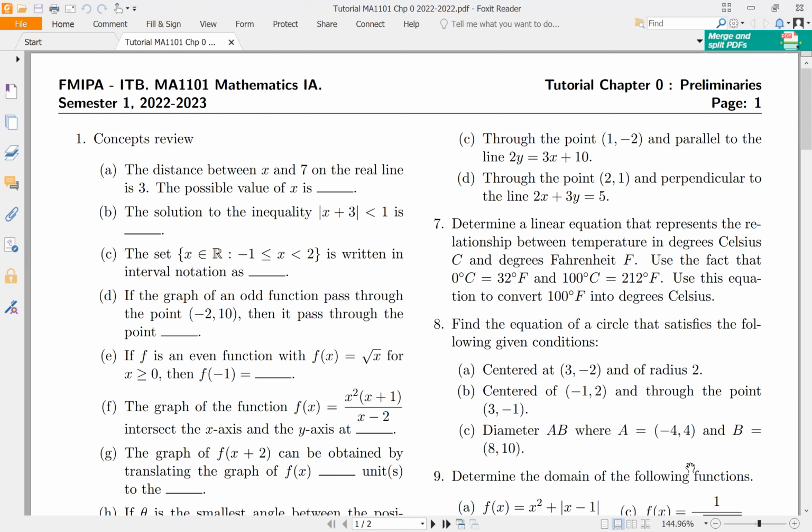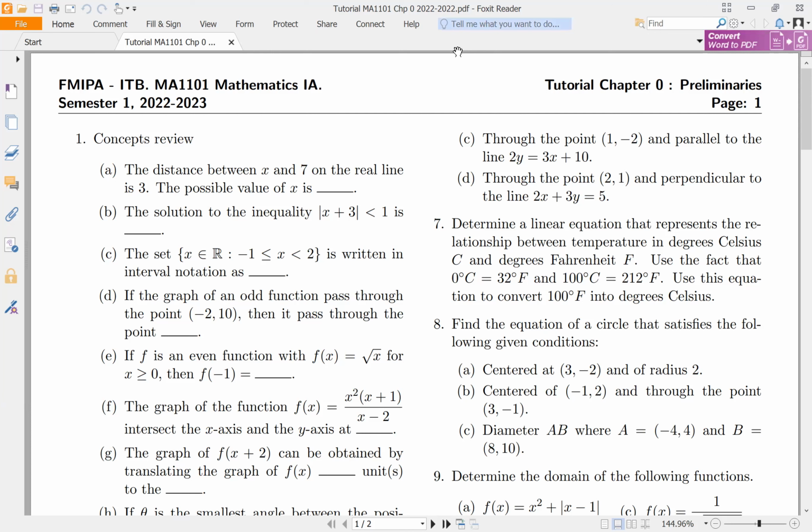Here we have 0 degrees Celsius equals 32 degrees Fahrenheit, and 100 degrees Celsius equals 212 degrees Fahrenheit. Now we want to find the equation relating Celsius and Fahrenheit.